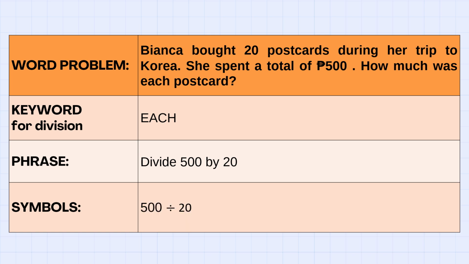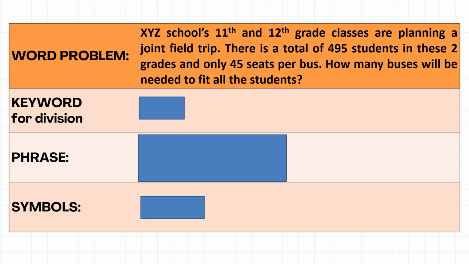In symbols, that is 500 divided by 20. And that's now the representation of the cost of postcard.